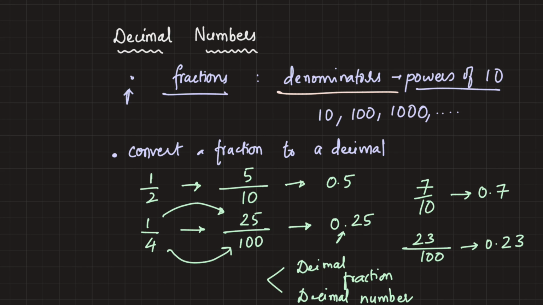And a decimal number is a number where the denominator of the fractional part is indicated using a decimal point. So in this case, this 0.7 part is the fractional part. In 0.23, this 0.23 is the fractional part.